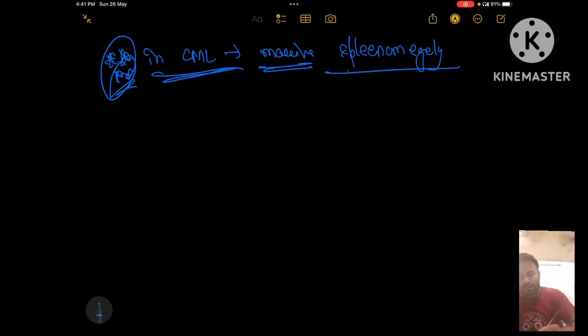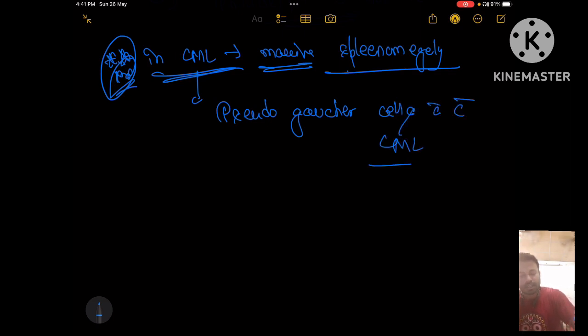And there is another point in CML, we can see pseudo-Gaucher cells associated with CML. And what is the gene translocation?